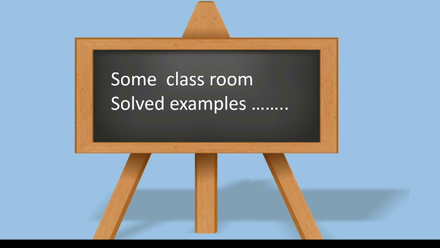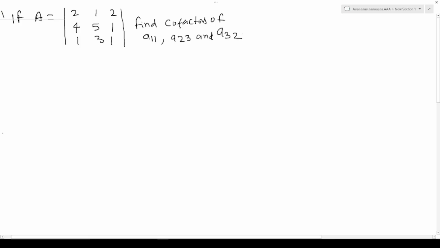Now consider some classroom solved examples on cofactors. If A equals [[2,1,2],[4,5,1],[1,3,1]], find the cofactors of A11, A23 and A32. Okay, solution. Let A equals 2, 1, 2, 4, 5, 1, 1, 3, 1.